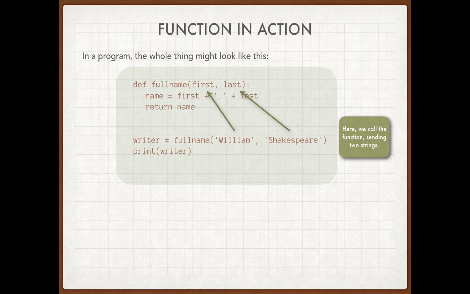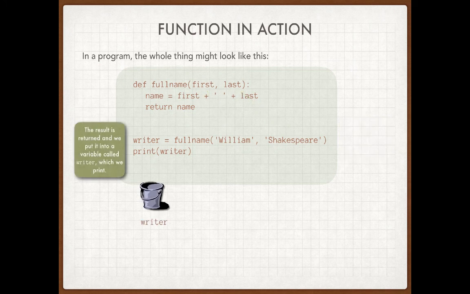So they go into the buckets, those variables, in exactly the same order when I send them. And of course, what I get back from the function, the return value, I am storing in a new variable called writer. And then I print that out to the screen.